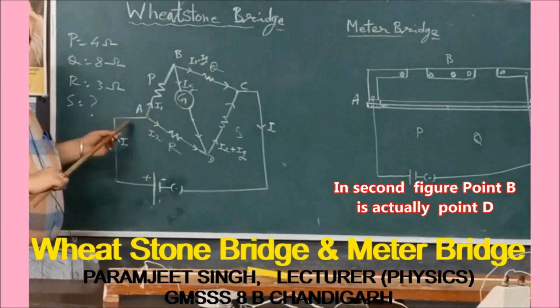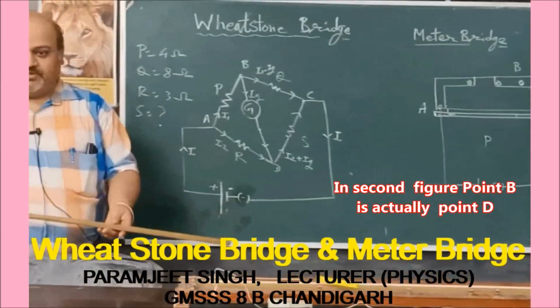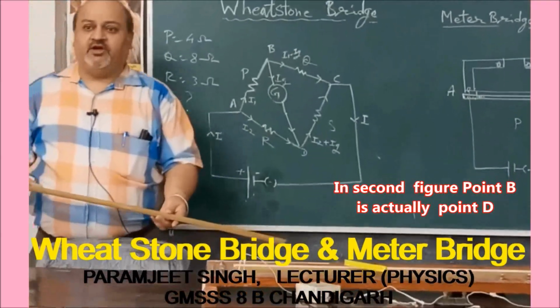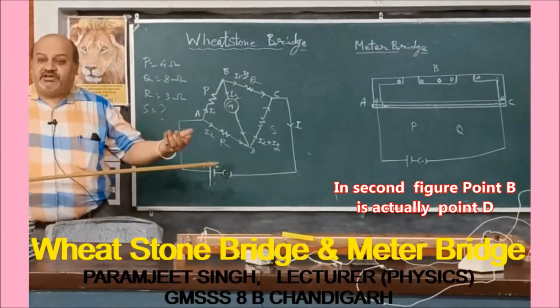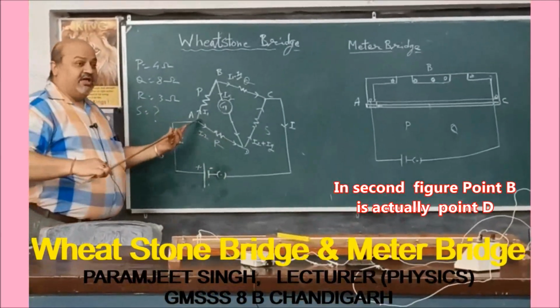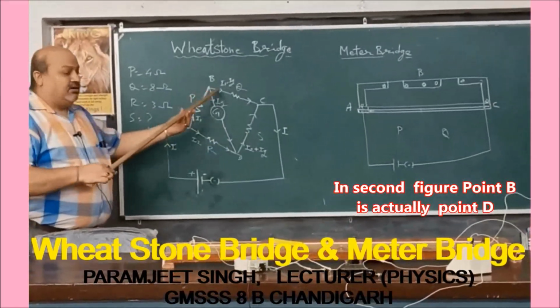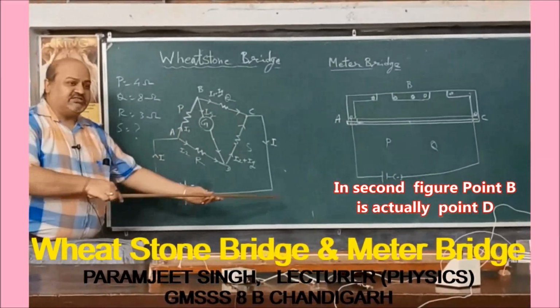Now, practically, I have designed the meter bridge. I am explaining the designing of the meter bridge, how the meter bridge is based on the Wheatstone bridge. This apparatus has made it possible to create the AC branch, to create this supply.